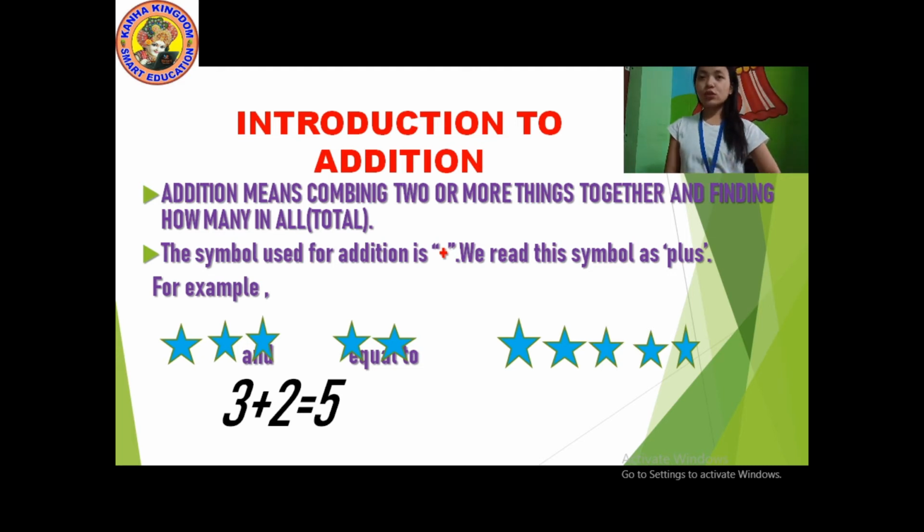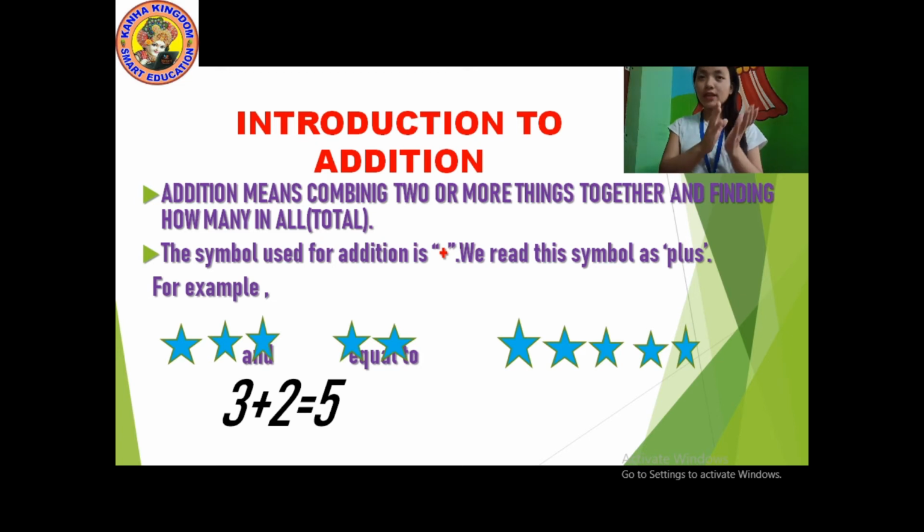So see, I combine 3 stars and 2 stars. While combining 3 stars with 2 stars, we get a total. How many in total? 1, 2, 3, 4, 5. This is called the process of addition.